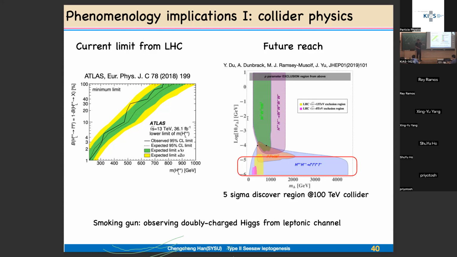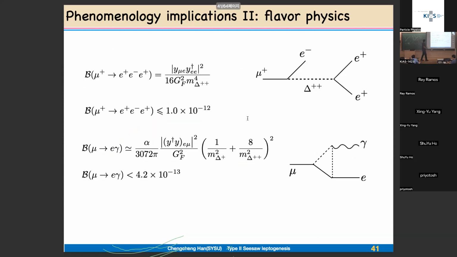Some people argue for this model. From the Yukawa, we can calculate all the decay channels, and the Yukawa is totally determined by the neutrino physics. Then everything is predictable.